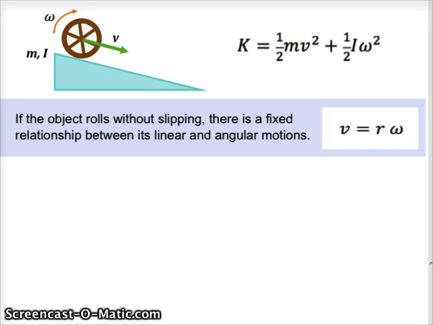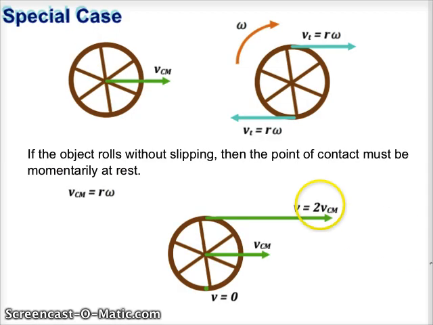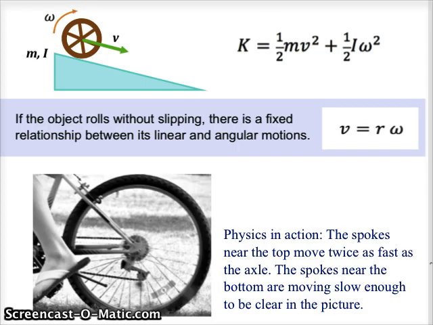All right, so back to that idea of the speed here being twice as big as the speed in the middle, and the speed at the bottom being actually 0. Let's take a look at a picture here. So here's some physics in action. The spokes down here are very clear.